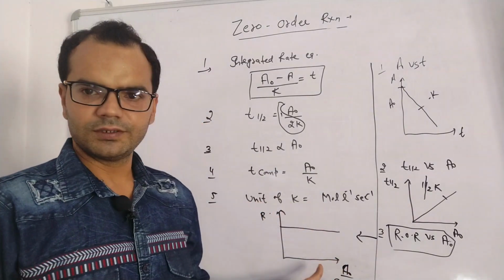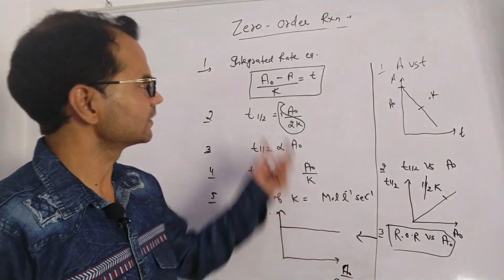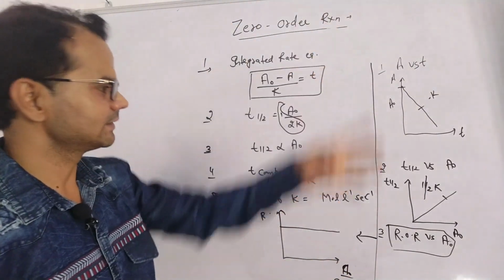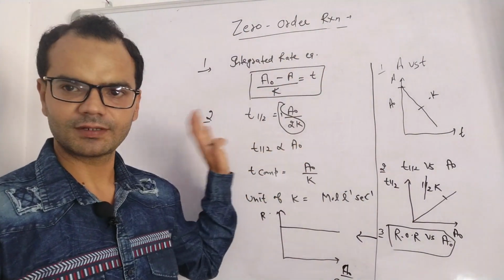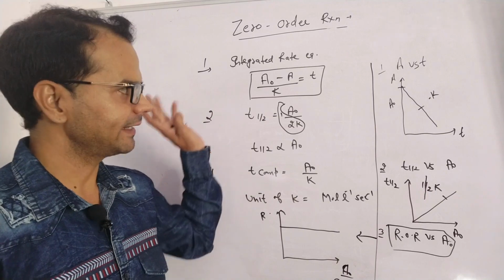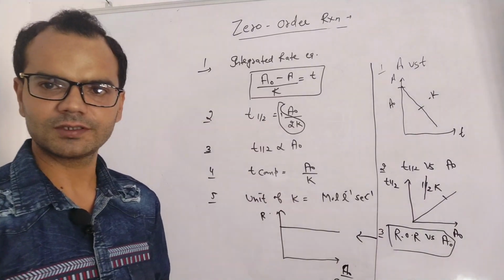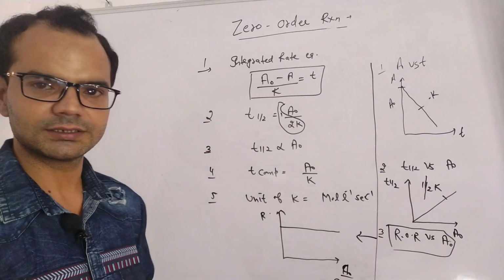Rate will not depend on the concentration of a reactant for a zero order reaction. That is the complete conclusion of a zero order reaction. Clear? In the next lecture we will understand first order kinetics, first order reactions.